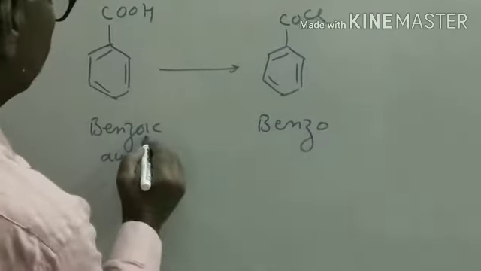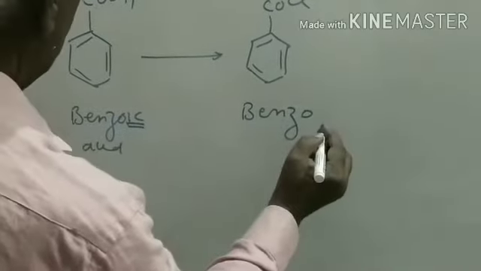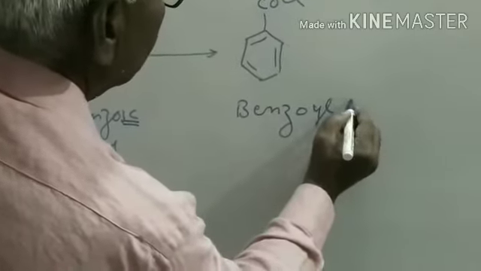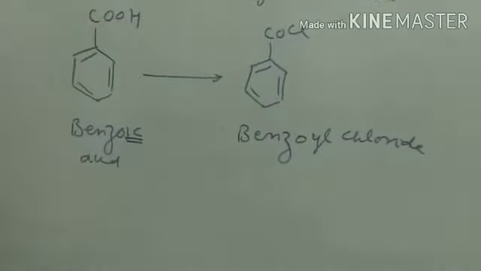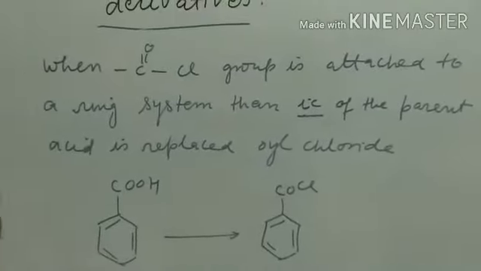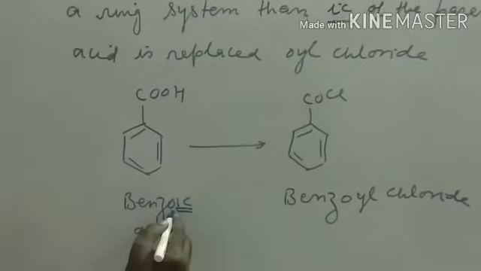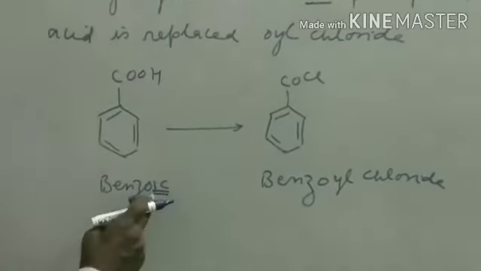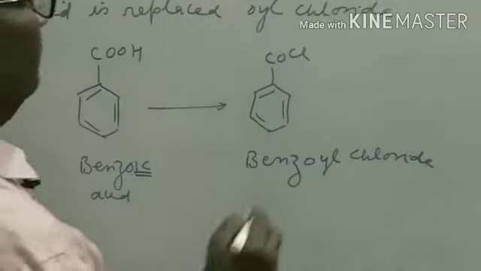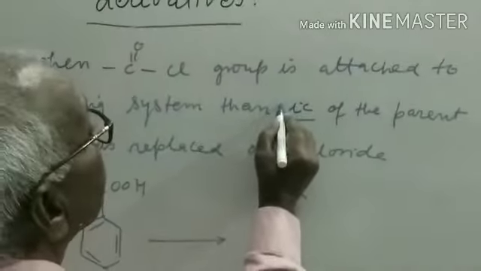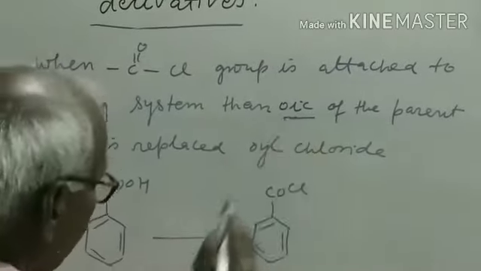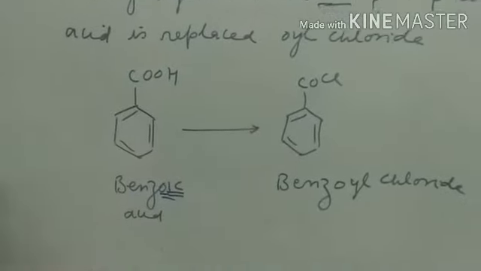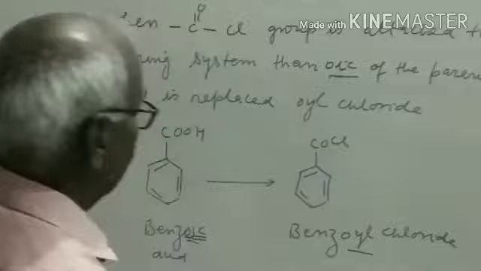The ic is replaced by oyl chloride: benzoyl chloride. The ic of the acid is replaced by oyl chloride. Since oxygen comes 2 times, one is considered and another is left. So you can say the oic of the present acid is replaced by oyl chloride, giving benzoyl chloride.